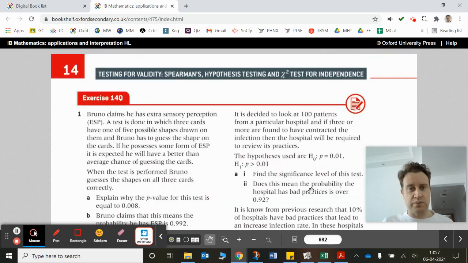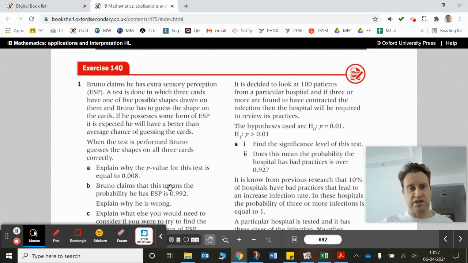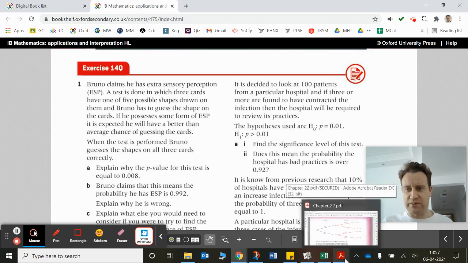What I'm going to do instead is go through the first of these questions in the exercise to show you how that's done, and I'm going to give you a bit of theory on this as well. Now, if you have access to the old course textbooks, the old Cambridge book does this quite nicely too.